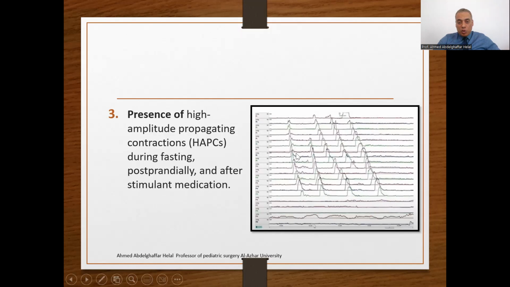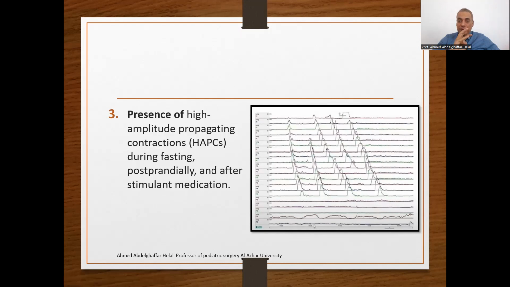You see these propagating contractions are absent from this area, which is the lower rectum. This absence means that this part, the sigmoid or upper rectum, is devoid of these contractions and may have hypomotility.